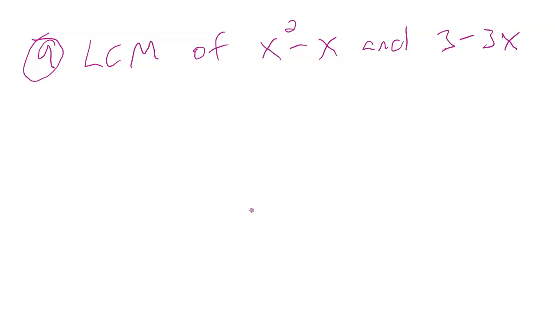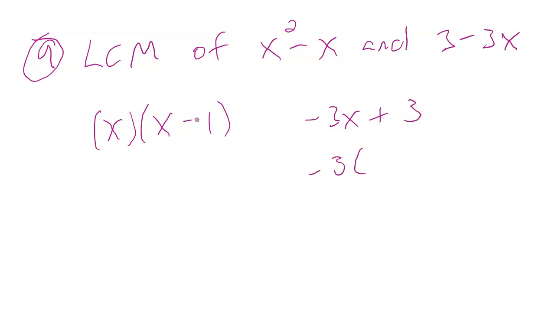All right, least common multiple. I'm going to factor this. So we got x minus 1. I want to rewrite this as negative 3x plus 3, and then I'm going to factor out a negative 1. So you get negative 3, and then you'll get x minus 1. And so we want the least common multiple.